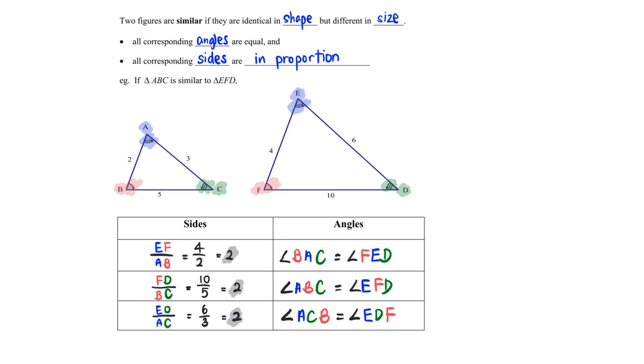Okay. So, a word of caution. If you write triangle ABC is similar to triangle FED, this way of writing is wrong.